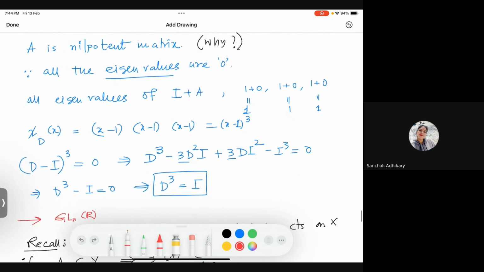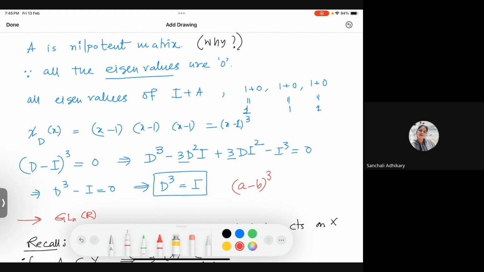Now, by the Cayley-Hamilton theorem, the matrix satisfies its characteristic equation. It means (D minus I) cubed is equal to 0. Now apply the formula for (A minus B) cubed. Can you apply it here for matrices?